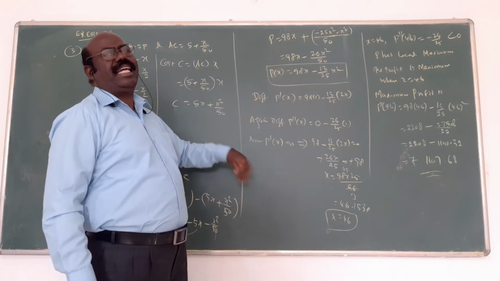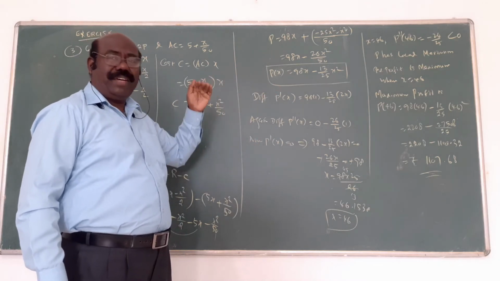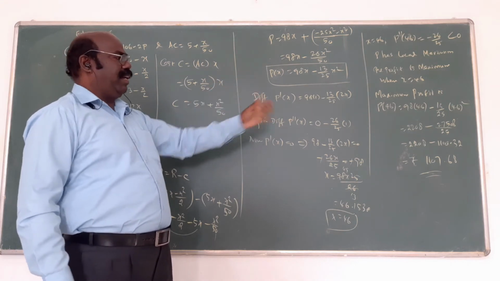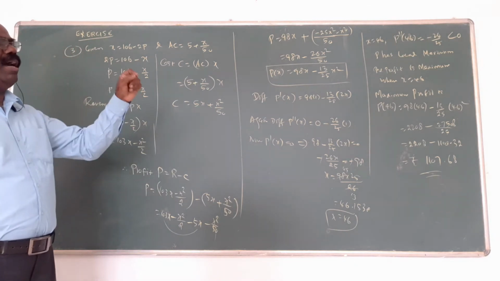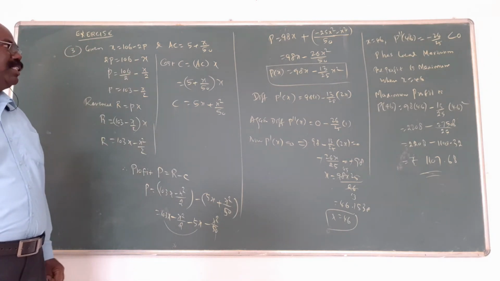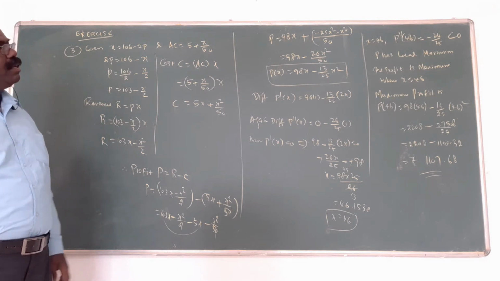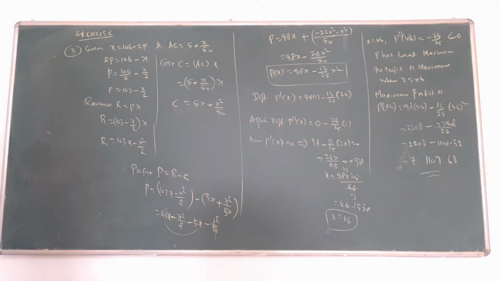Substitute the x value in the second derivative. If negative comes, it is maximum. The maximum profit is asking. That's why substitute the x value in the profit function, we get the answer. So use the calculator, we will get the correct answer because decimal points are coming. Do the calculation sincerely. This type of question is called application of local maximum minimum.